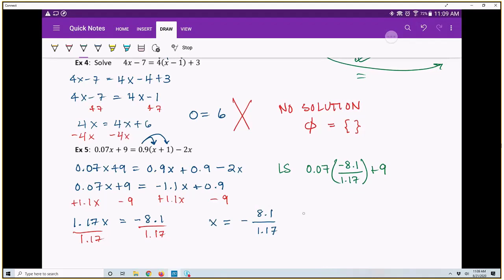And on the right side, we're going to plug it in. 0.9 times minus 8.1 over 1.17 plus 1 inside the parentheses. And then we'll subtract 2 times the same number. So 2 times minus 8.1 divided by 1.17.